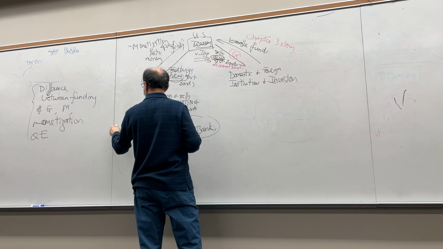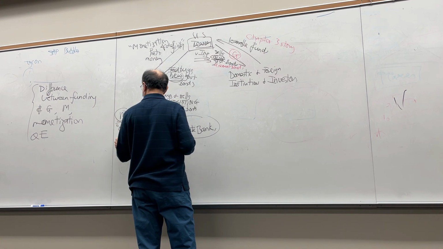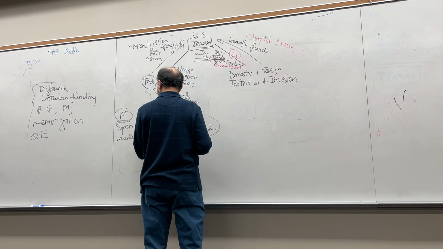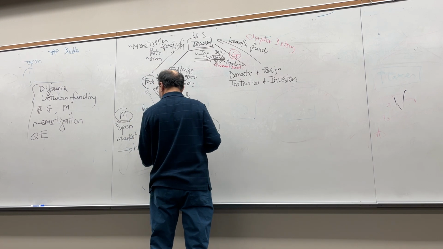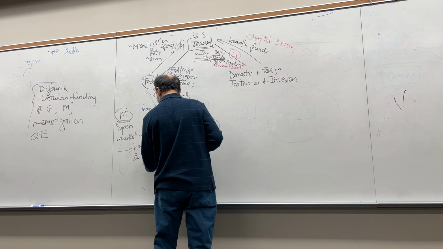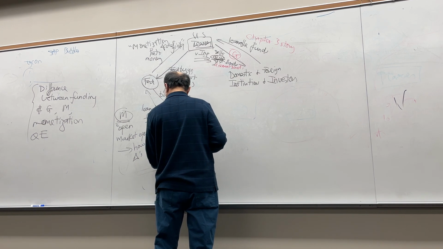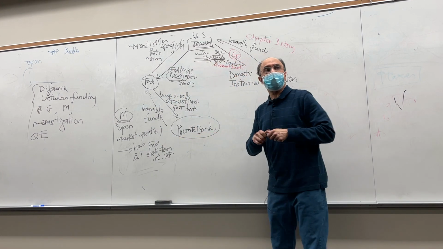This is open market operations. This is M. Open market operations is the main way that the Fed changes money supply. This is how the Fed changes short-term interest rates. And so this is existing government bonds.